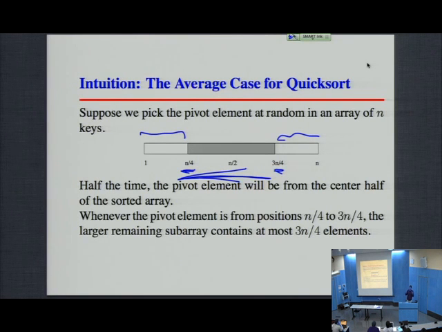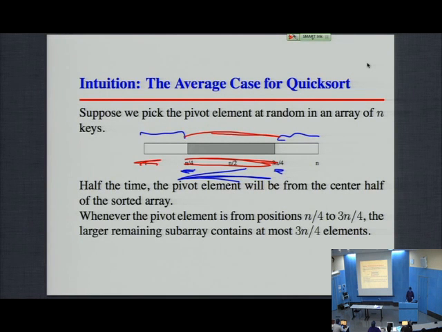And this doesn't depend upon how lucky I am, it depends basically upon me being lucky. It doesn't depend on what the elements actually are. You guys may all be great students, or you may all be lousy students. If I randomly pick one of you, there's a 1/2 chance I'm going to get one of you that are in the middle half of quality. Any questions? Now note that here, unlike at grade averages, the middle half of the class is actually the ones that make the best pivots, right? These may make the best programmers, but these make the best pivots.